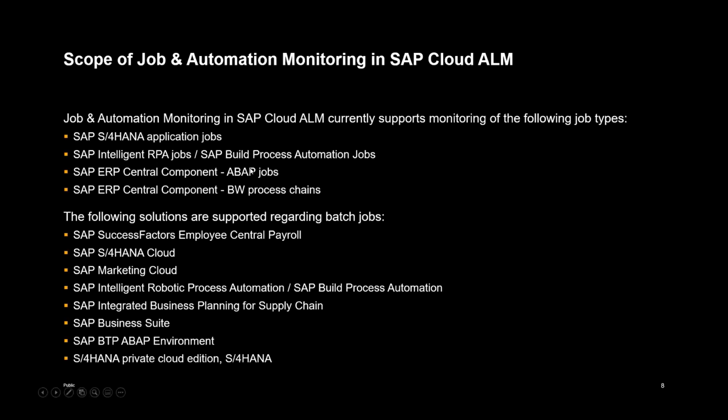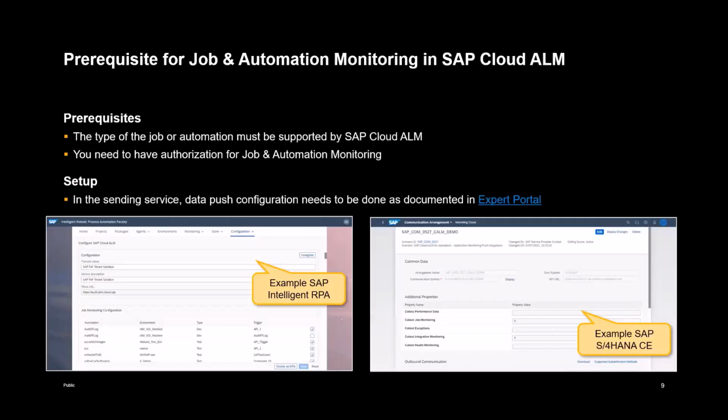So for most solution manager customers, it will become interesting to use job and automation monitoring in SAP Cloud ALM, especially since new job types will be covered by Cloud ALM. With these job types, which we want to extend already now, a big portion of SAP's product portfolio can be covered from a job monitoring perspective.